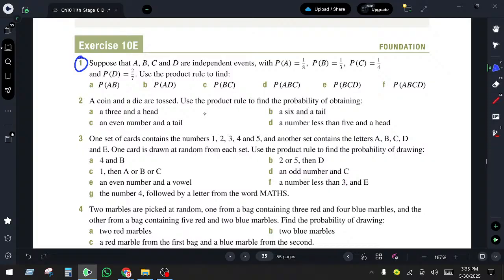Suppose that A, B, C, and D are independent events with probability A equal to 1 over 8, probability B equal to 1 over 3, C equal to 1 over 4, D equal to 2 over 7.